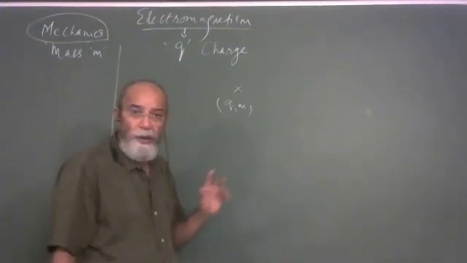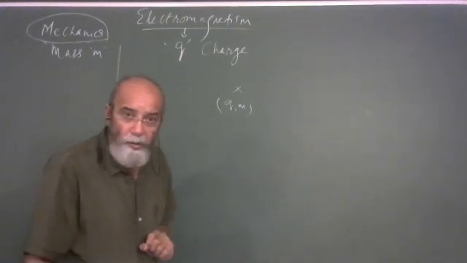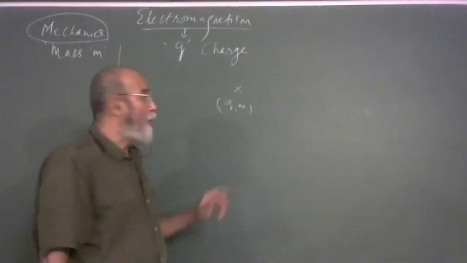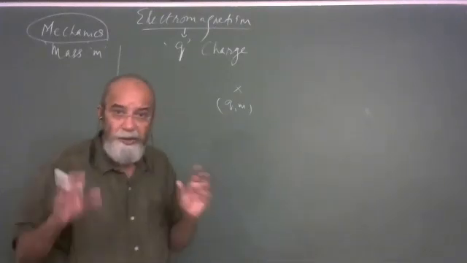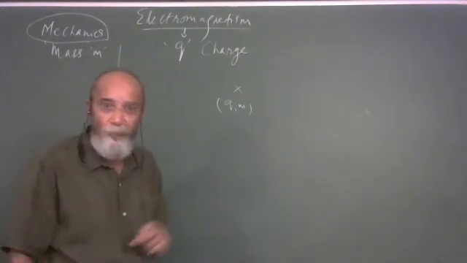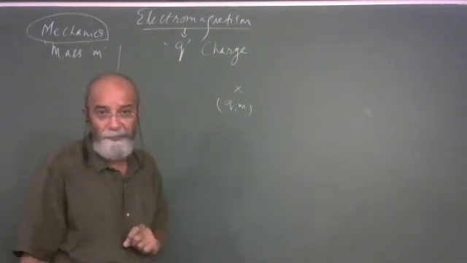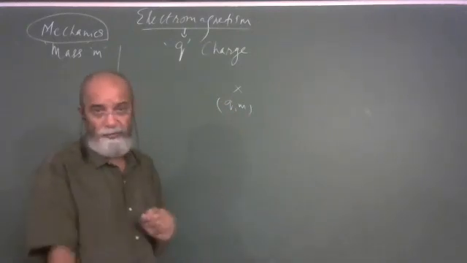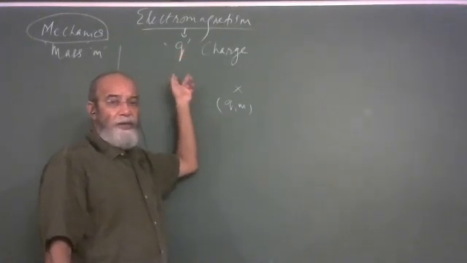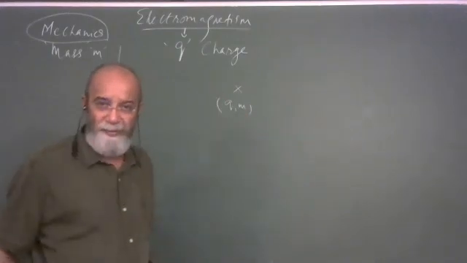Because in that problem, I needed mass, since there was a gravitational force involved. In that problem, I needed charge, because there was a Coulomb's force, an electric force involved. Once we are matured in this area, then we will start talking of particles having both the properties.